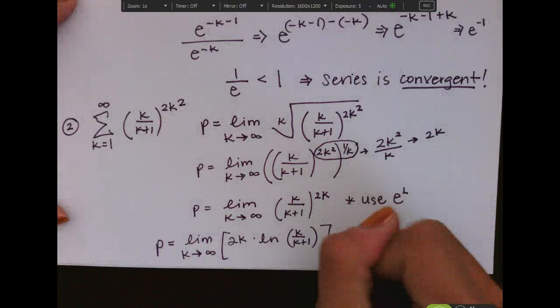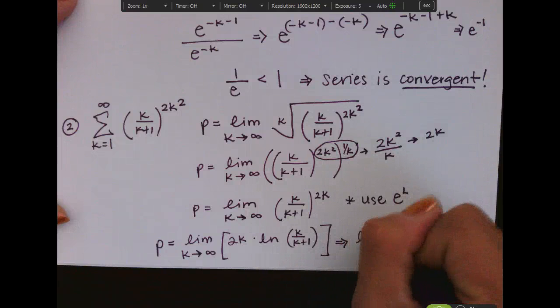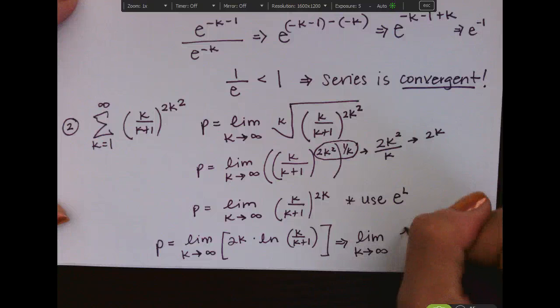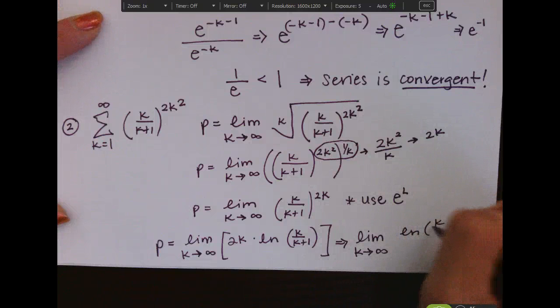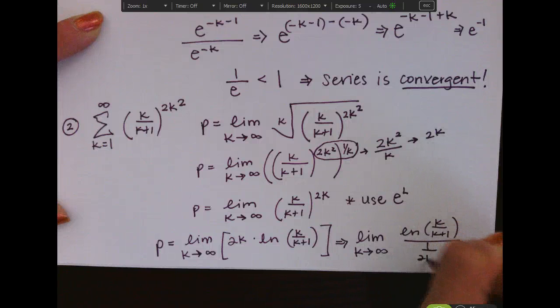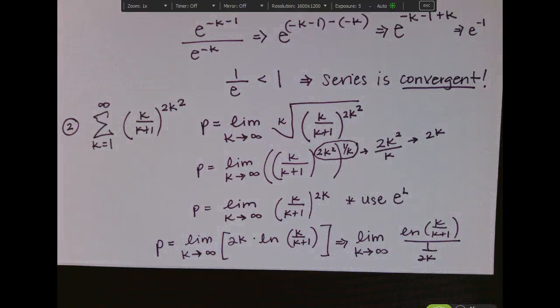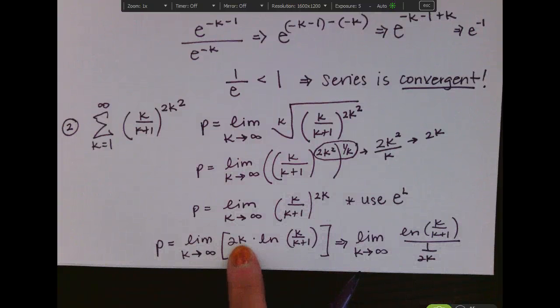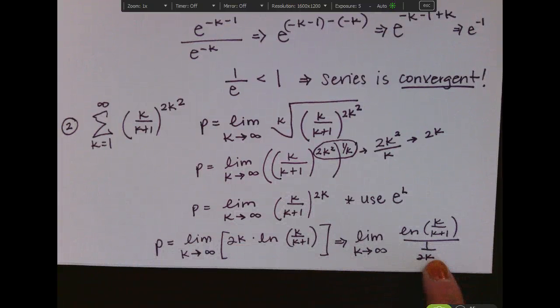So I'm going to continue rewriting this one more time in order to put it into a L'Hopital form. I'm going to put 1 over 2k as the denominator, and that is equivalent to multiplying by 2k. And so now what I have is 0 over 0 in that L'Hopital form.